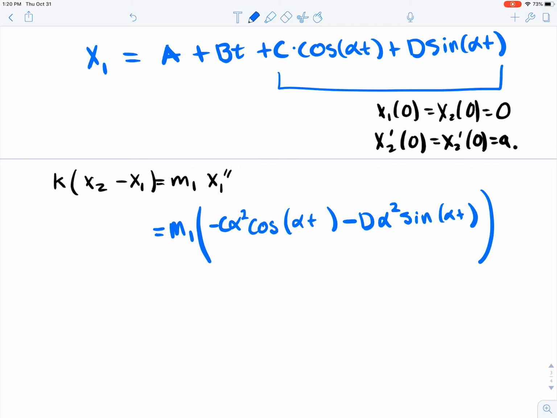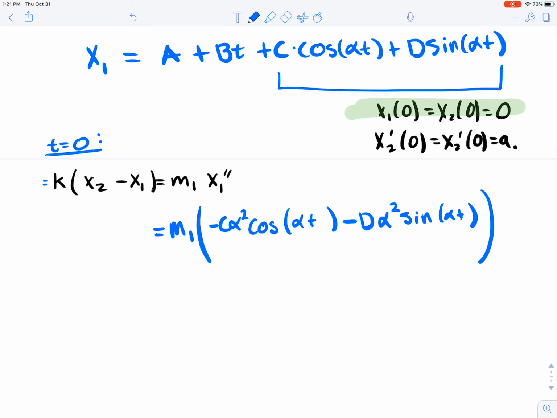Alrighty, so now we can go ahead and plug in our initial condition. Let's start off with the first one. If I plug it in, they both have the same initial condition, so I'm just going to get 0 on the left. This is when t is equal to 0.